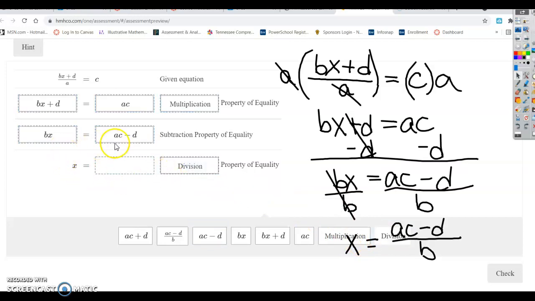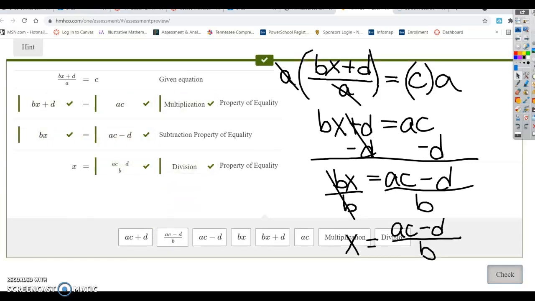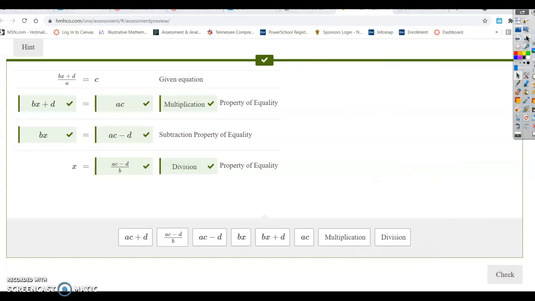That left x equals ac minus d over b, which should be the last answer there. You don't have to work this out first, but if you do, it helps you understand the steps of what you're doing. Plus, if you're asked to do something like this, you already know what you're looking for.